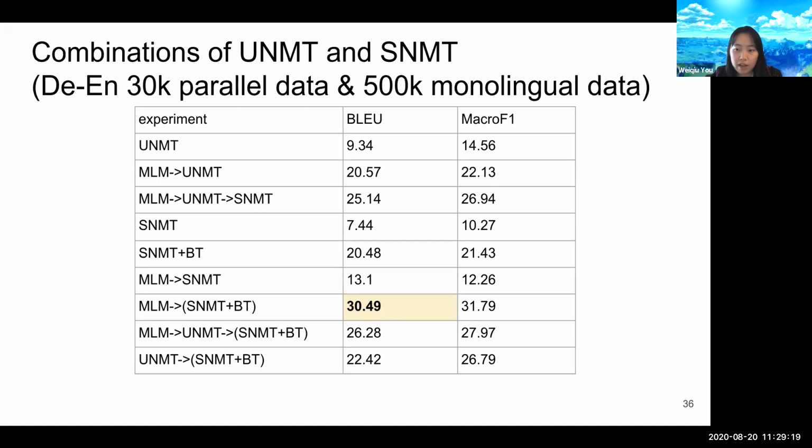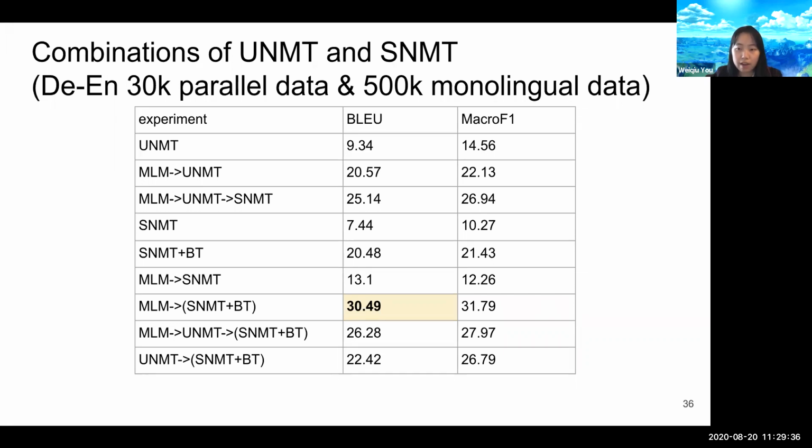We also did an ablation comparing different combinations of UMT and SNMT with relatively low data, 30K parallel data and 500K monolingual data in German English.